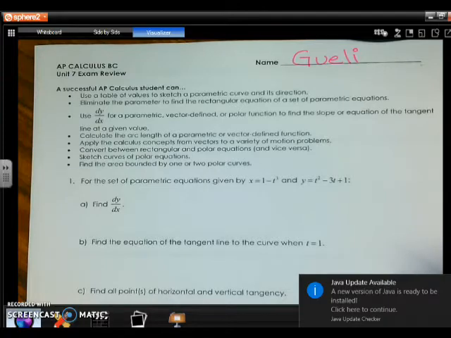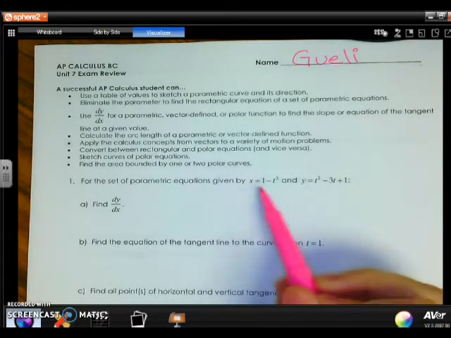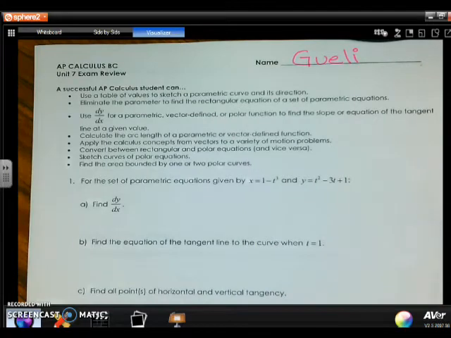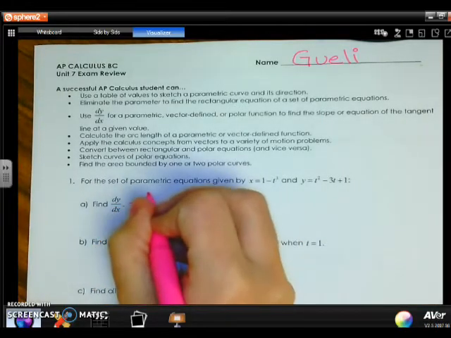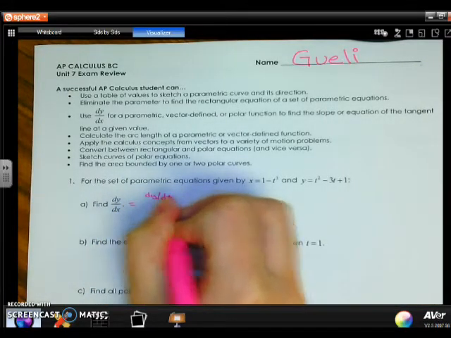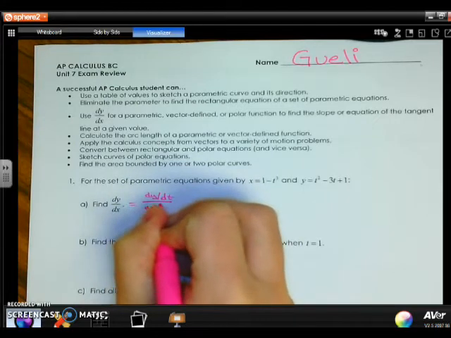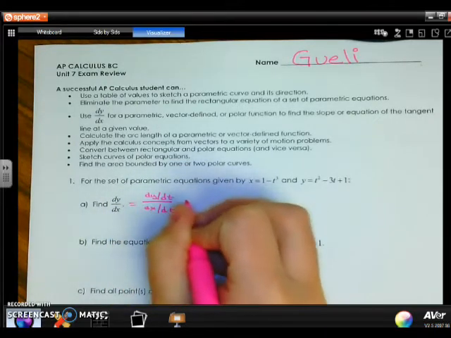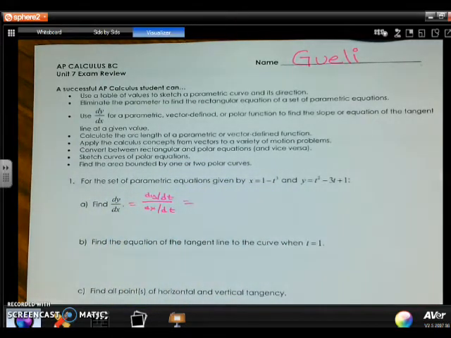So, for the set of parametric equations given by x and y, we want to find the derivative. Remember, the derivative dy/dx is going to be dy/dt divided by dx/dt. Then you just take the derivatives.